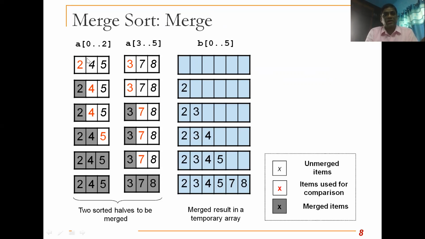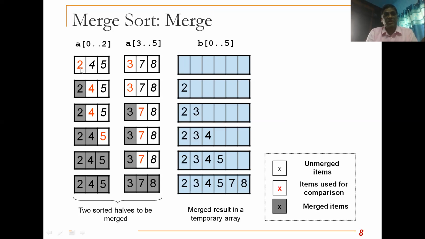And then I will take 3 pointers. One points to the first half, the second pointer points to the second half, and the third pointer, a temporary pointer, points to B. Initially, it points to the 0th index. Now compare the first element of the first half with the first element of the second half. So 2 versus 3, which one is minimum? 2 is minimum.